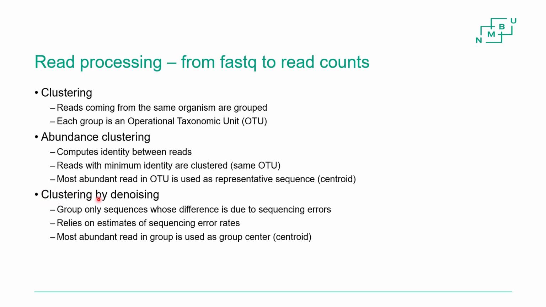It means just grouping. And this denoising is also grouping the sequences, but it uses a different criterion. It says to group only sequences whose difference is due to sequencing errors. Right? So the only reason for reads being different should be the sequencing errors.